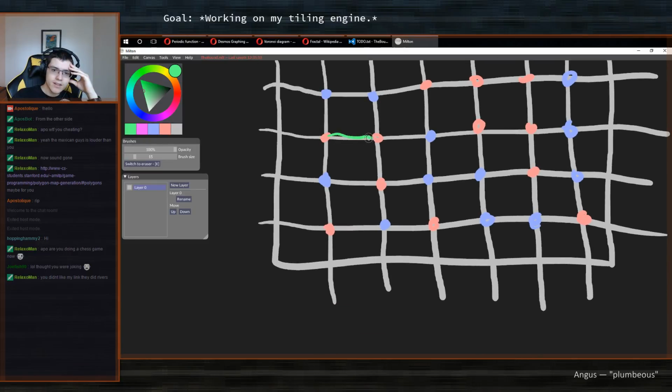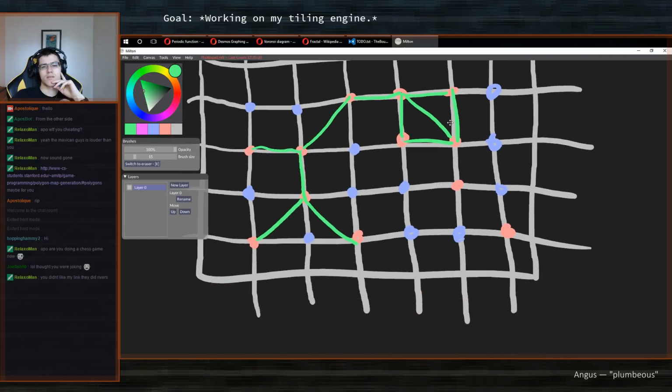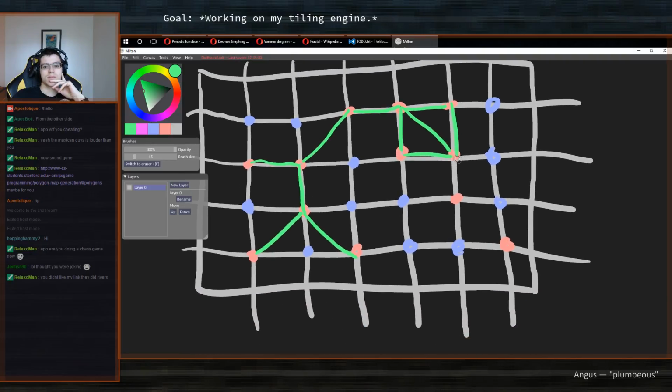So then I link those together. And then this ends there. This here gets connected. Is that good? Based on this algorithm, this is what would happen.